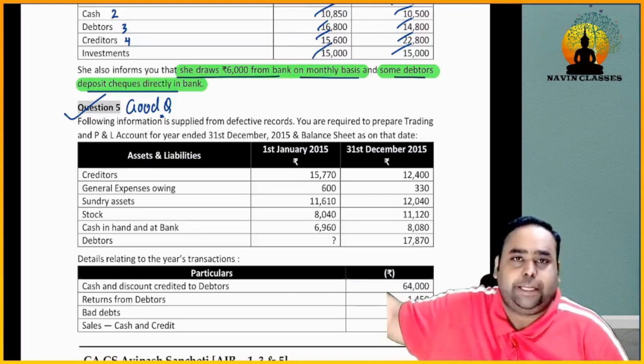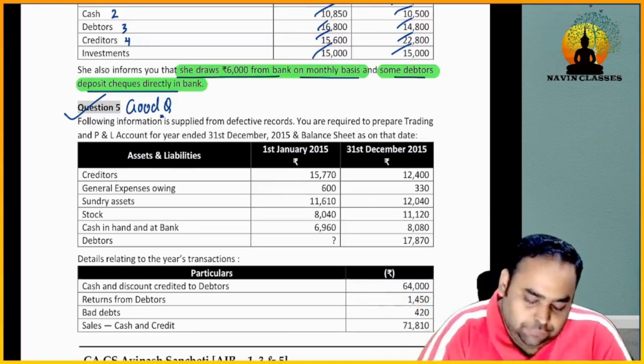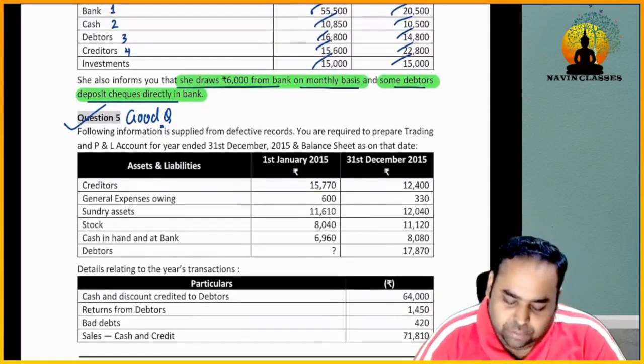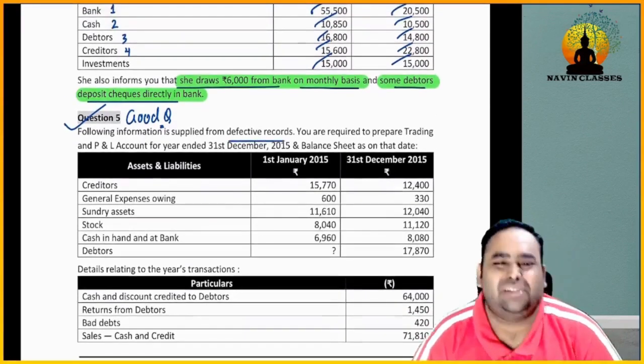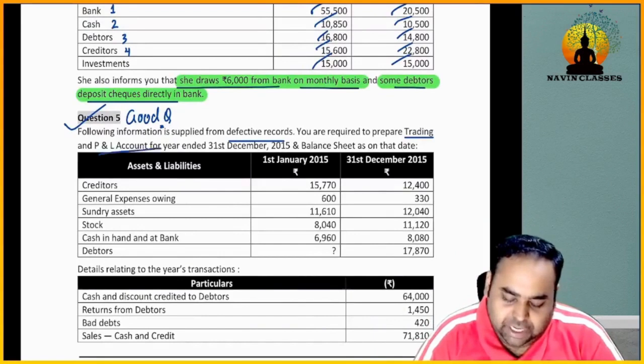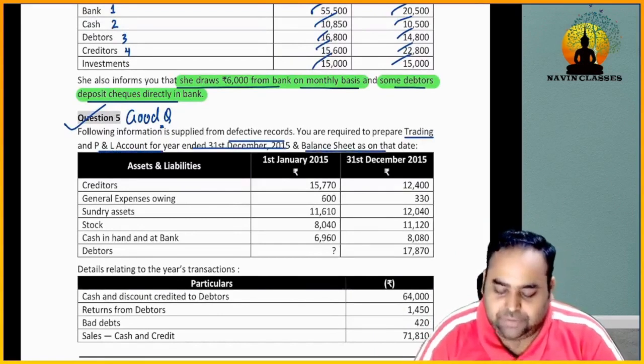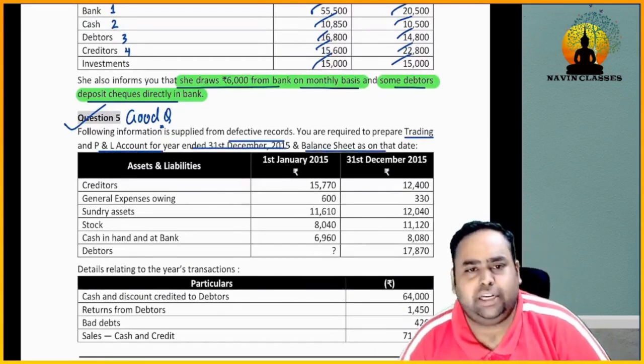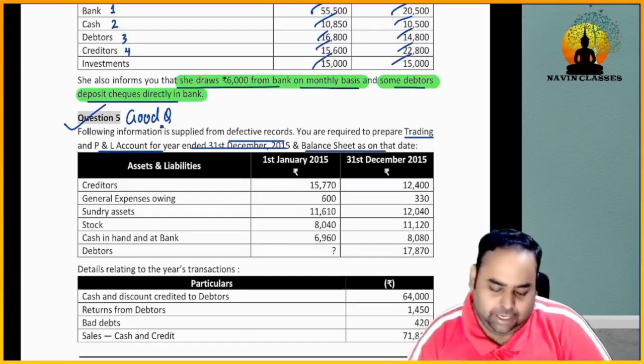We will do it together. The following information is supplied from defective records, so this is a single entry. You are required to prepare trading and PL account for the year ended 31st December 2015 and balance sheet as on that date. Prepare a trading PL and balance sheet.